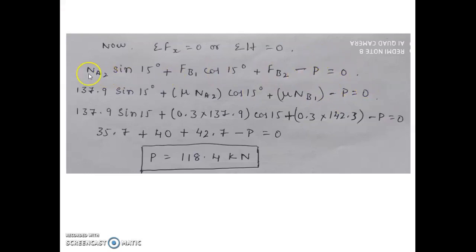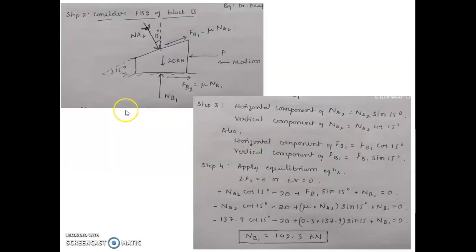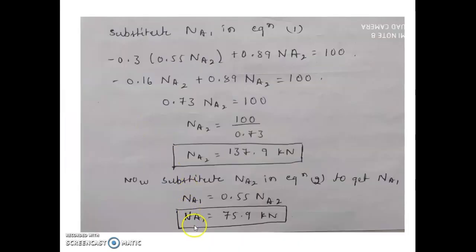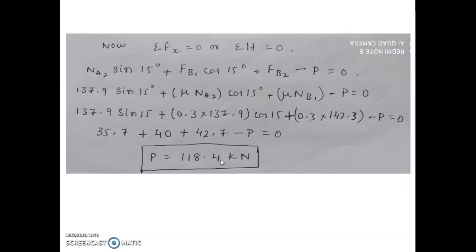Then the equation becomes: Na2 sin 15 plus FB1 cos 15 plus FB2 minus P is equal to 0. Na2 I will substitute with the value obtained previously, 137.9, and sin 15 as it is.